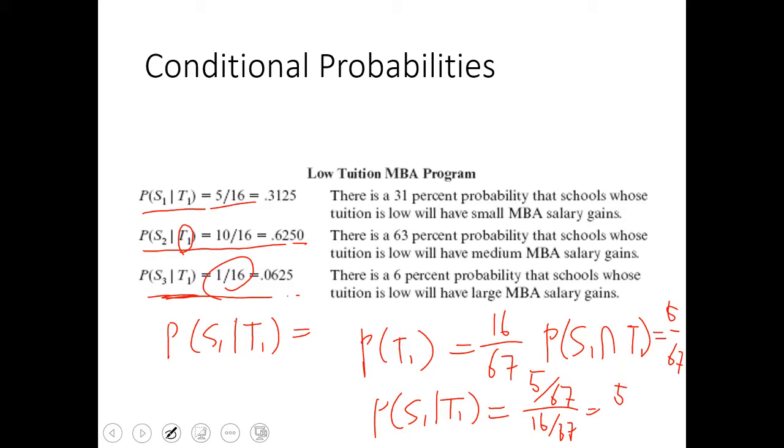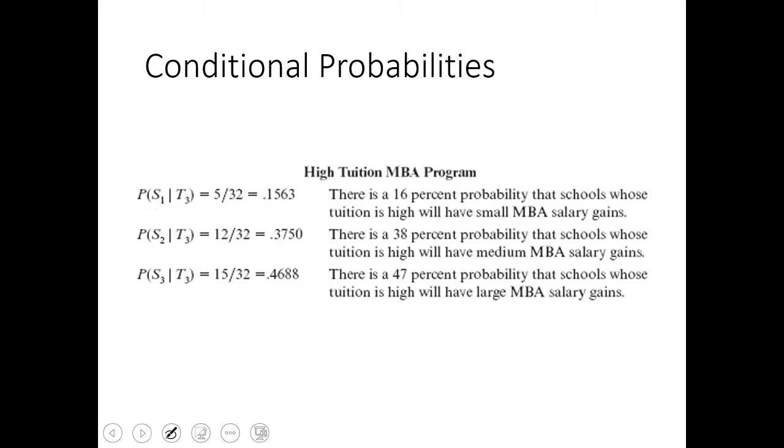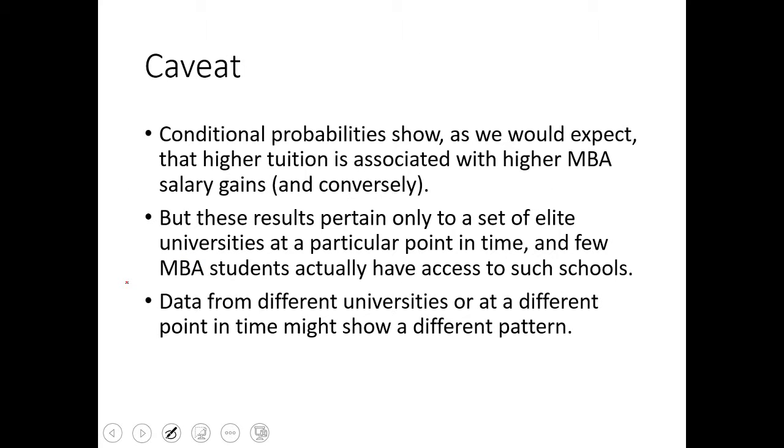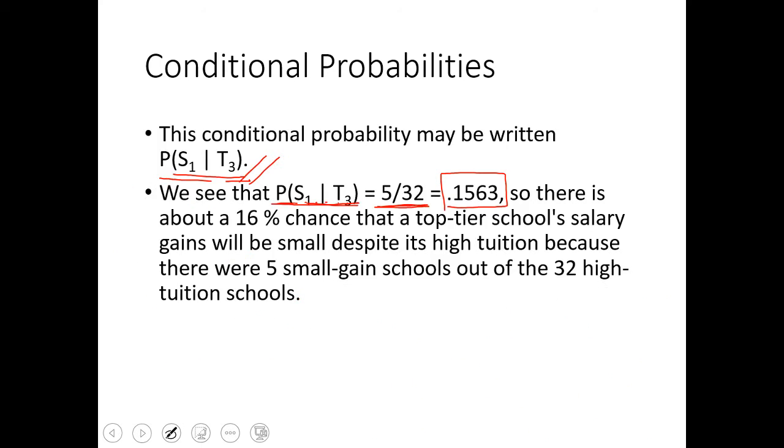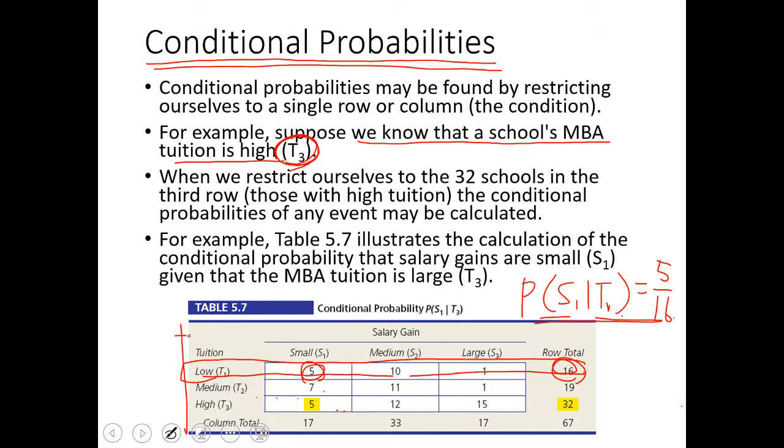So we finally obtain 5 over 16. Everything is the same, and the T3 case is the same. So using this contingency table, we can very easily calculate the conditional probability.